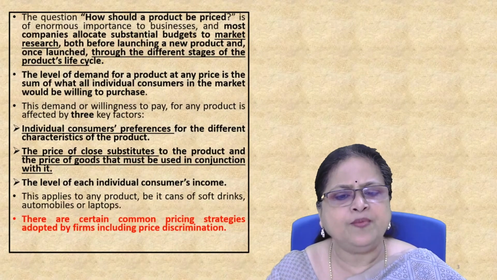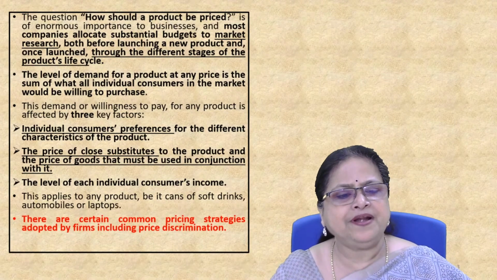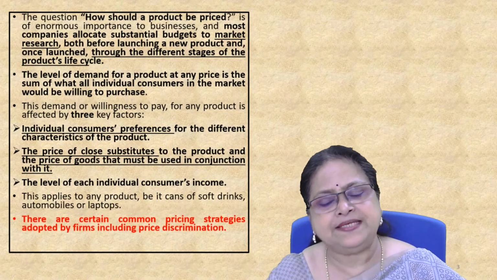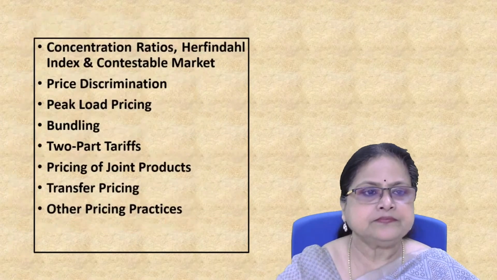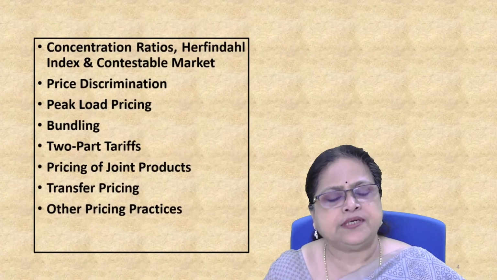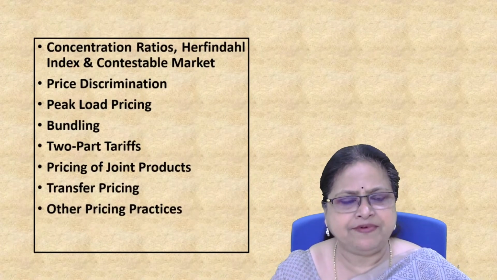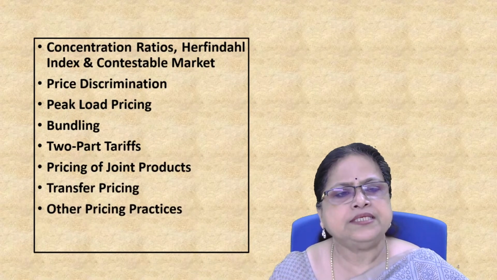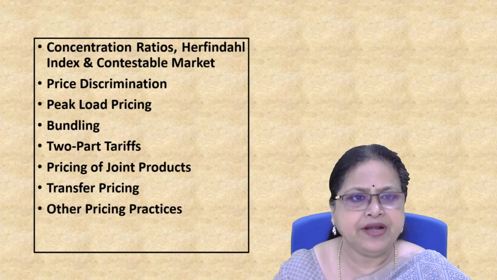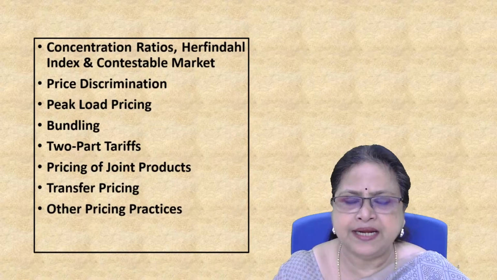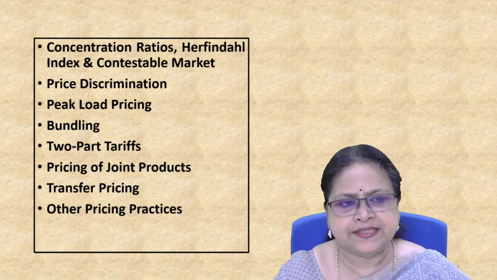There are certain common pricing strategies adopted by firms, including price discrimination. So what we are going to study in this unit are the different pricing strategies. One is concentration ratios, Herfindahl index and contestable market. These are one type of pricing strategy.